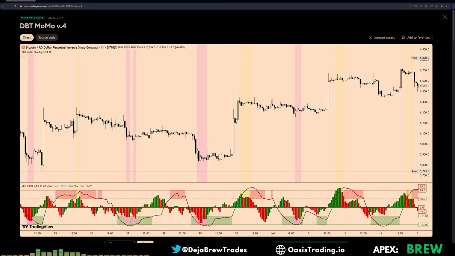The DBT MoMo is a momentum oscillator that is modeled off of MACD and RSI. The formula has nothing to do with those indicators, but those are the two most used oscillators in trading. So I modeled it off of the MACD and RSI, kind of what they were telling traders.